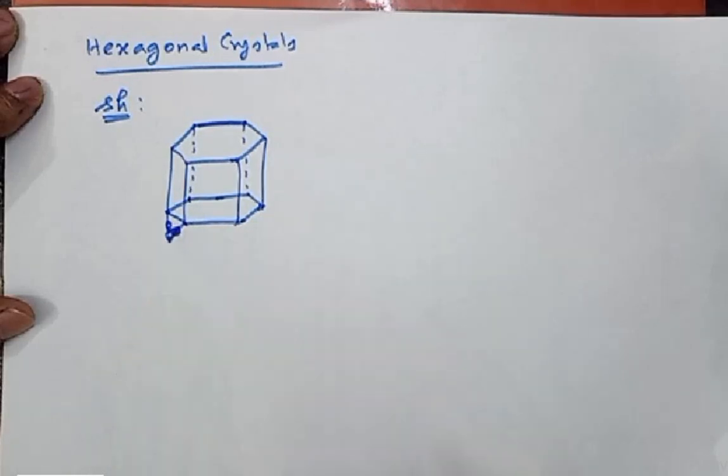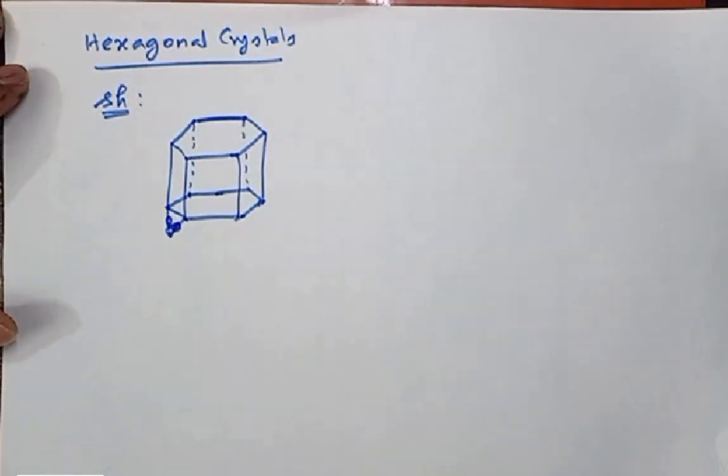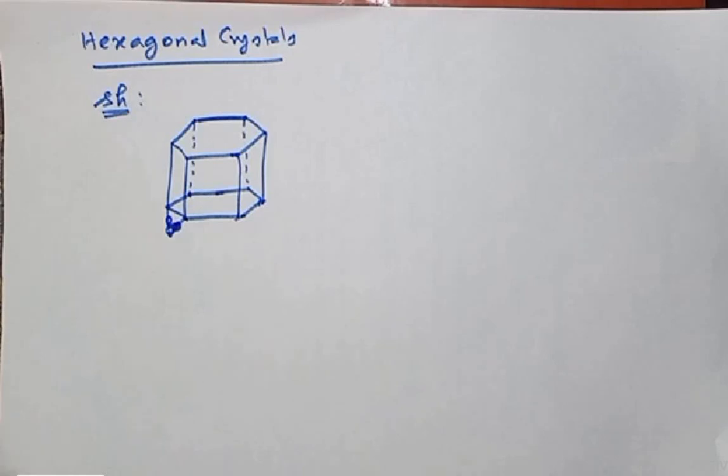In the simple hexagonal unit cell, all the corners are occupied by atoms or particles.